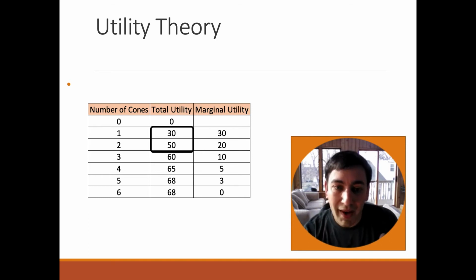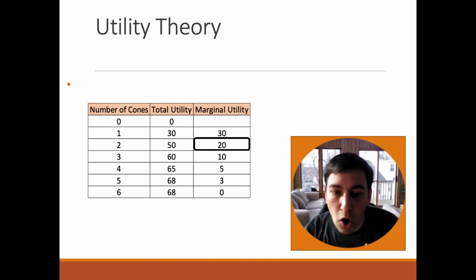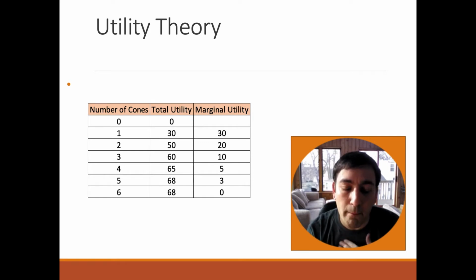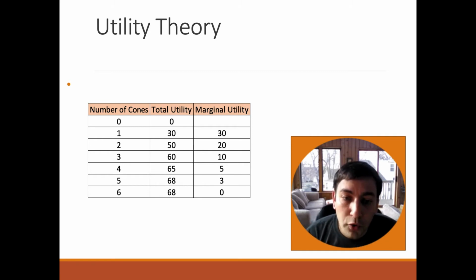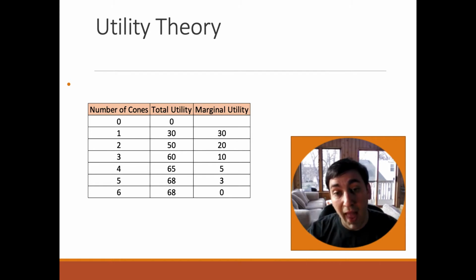But I was already at 30. So my marginal utility is the change from consuming 1 more ice cream cone. So it's 20. So my total utility, the way I like to think about it, total utility is my level of happiness, and my marginal utility is the change in my level of happiness from consuming 1 more.